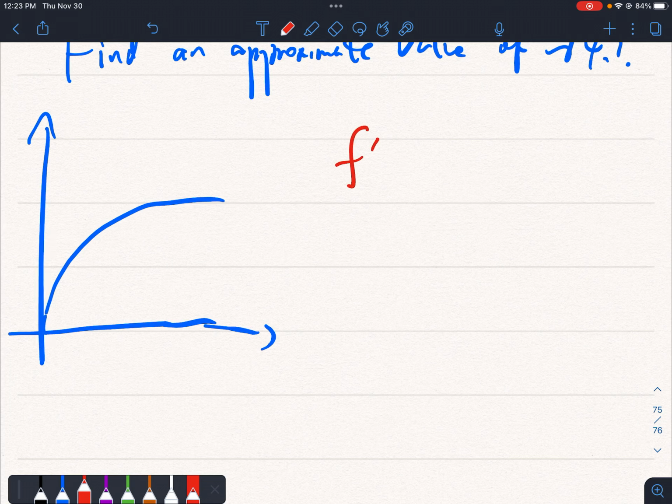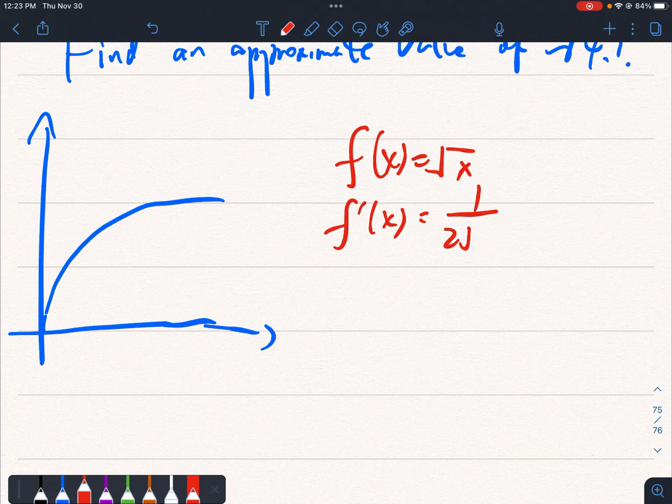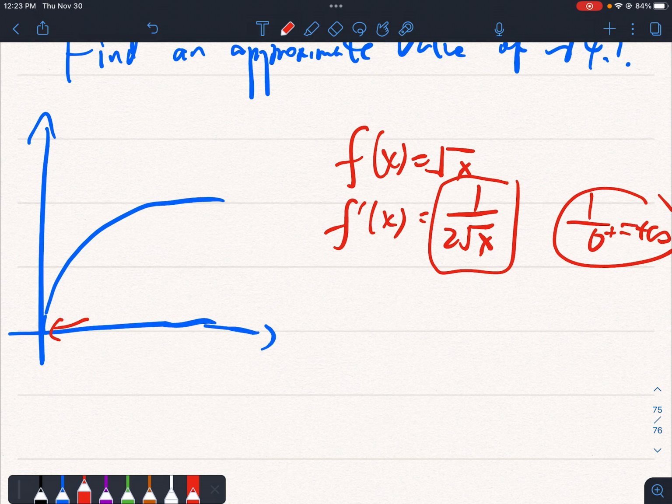By the way, if you look at the graph of square root, then here the slope of the tangent line should be infinity. Why? Because if you take f of x to be square root of x, then f prime of x will be, as I said, 1 over 2 times square root of x. So if x approaches 0 from the right, this approaches 1 over 0, which is plus infinity.